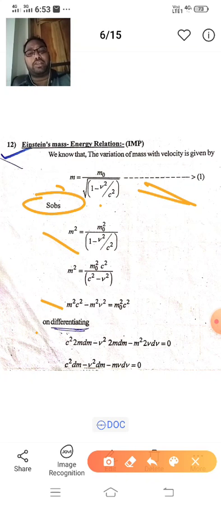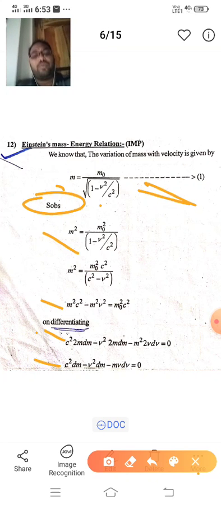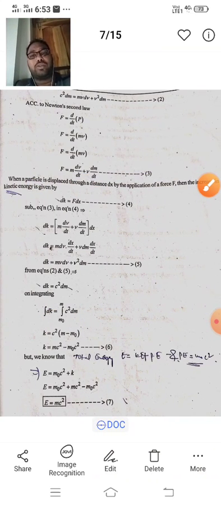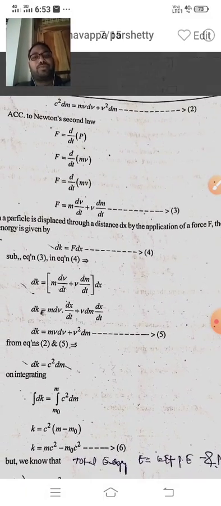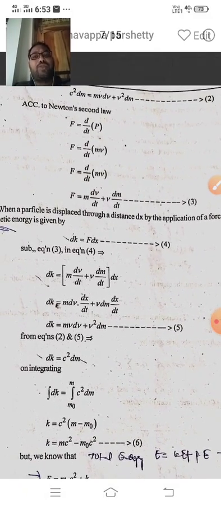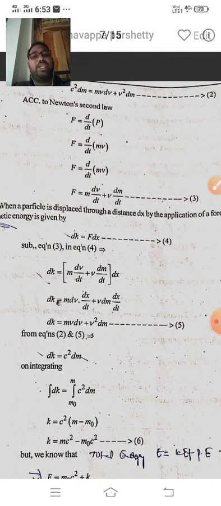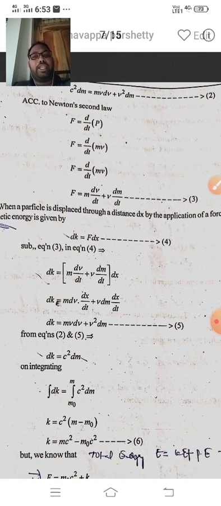Differentiating on both sides, we can get a second equation, that is c square dm equals mv dv plus v square dm.